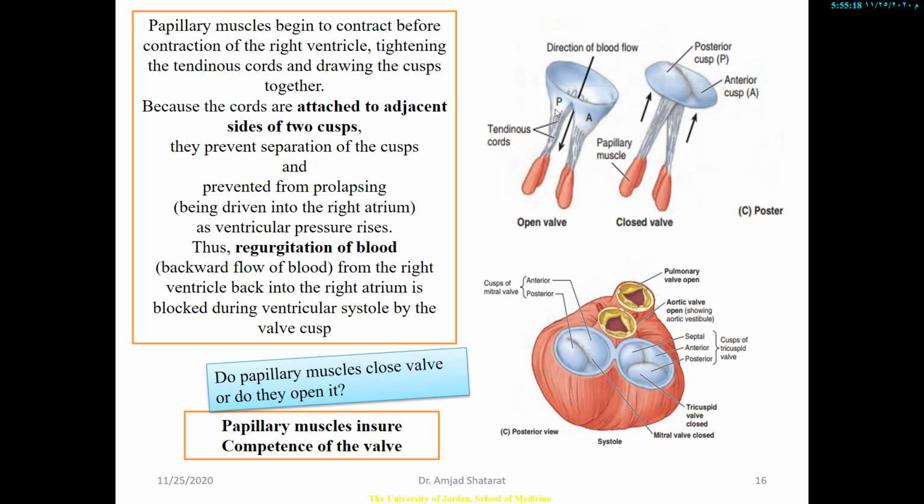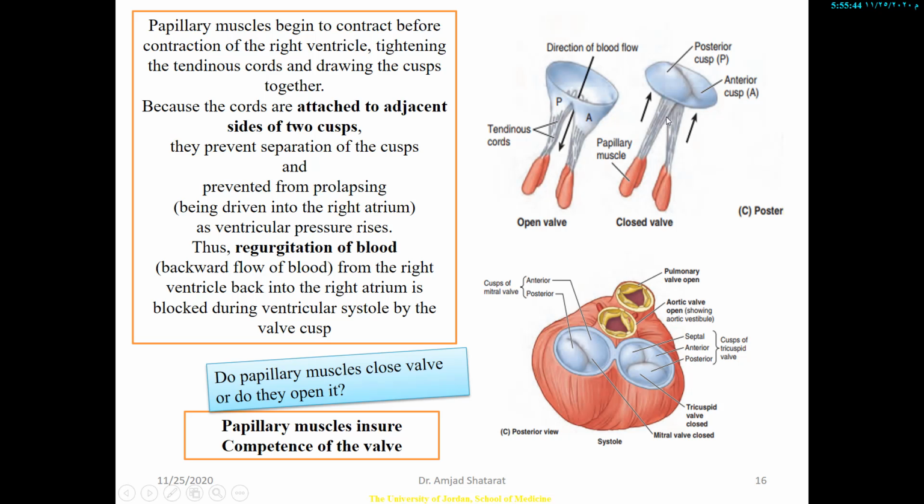So let's agree upon one fact. There is no doubt about it. Papillary muscles can't open, and will not open the valve, but they rather tightly secure the closure of the valve. How? Look at this picture here.